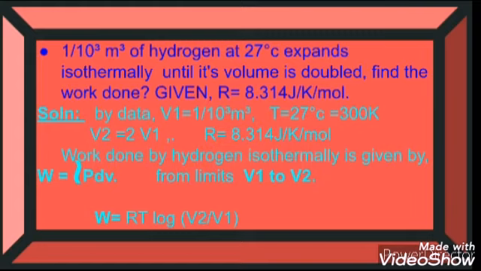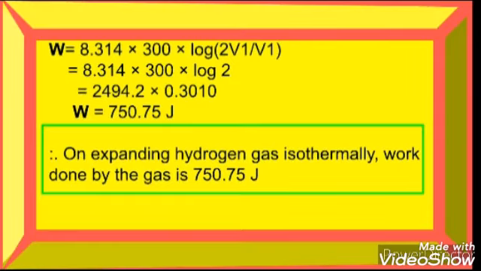We know that P is equal to RT by V for 1 mole of gas. Hence, after integration, we get work done W is equal to RT log V2 by V1. By substituting the values of R, T, V2 and V1, we get the answer W is equal to 750.75 joules.